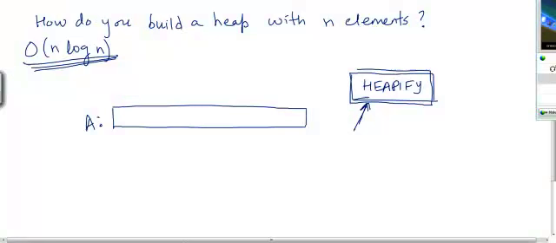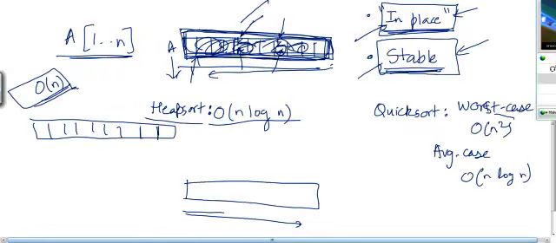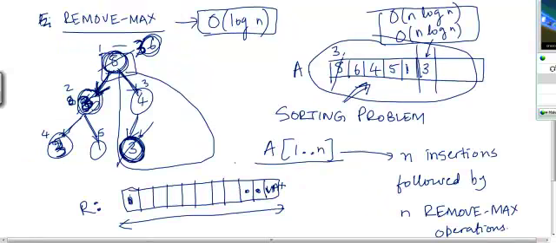If you go back to extract max, or remove max, we were basically doing heapification at the root, right? Because things went wrong at the root when we swapped the last element with the root. In order to extract the maximum element, we removed this element and replaced it with the last element to maintain the shape property.